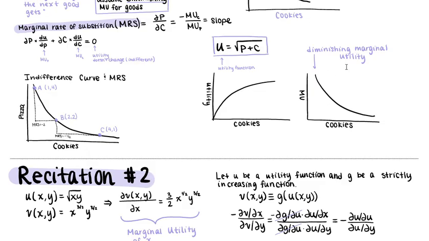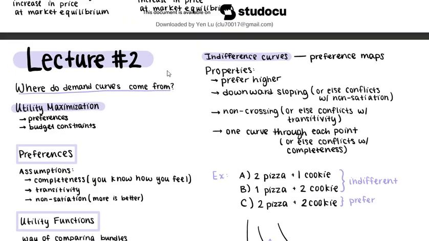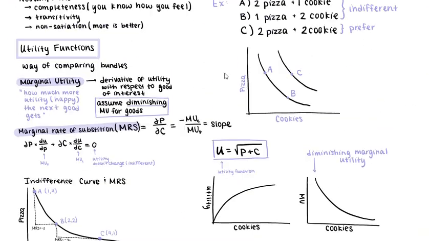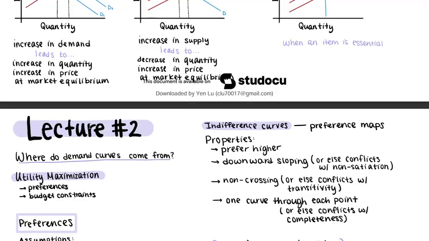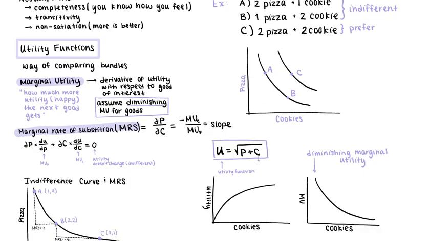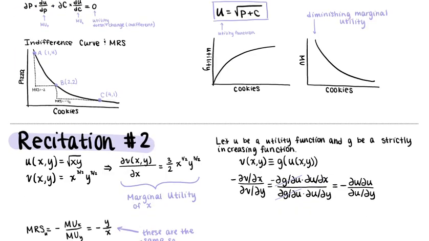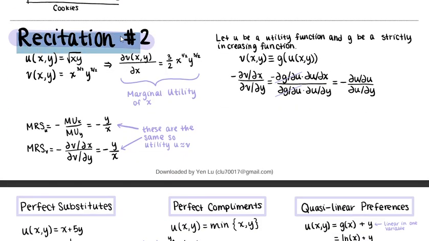Okay, so that's lecture two: the utility function and the indifference curve. MRS matters, MRS is very important. And the recitation here is how to derive it.